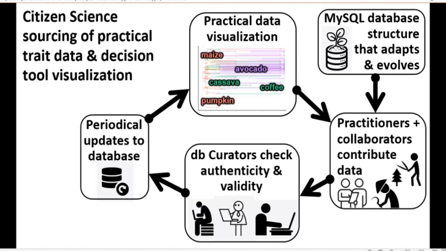And then we load these updates into a new version of the database, which then becomes available in the new version to be visualized in our online interactive tool. And we're starting this whole thing with an initial database that I've already shown you some snapshots of.